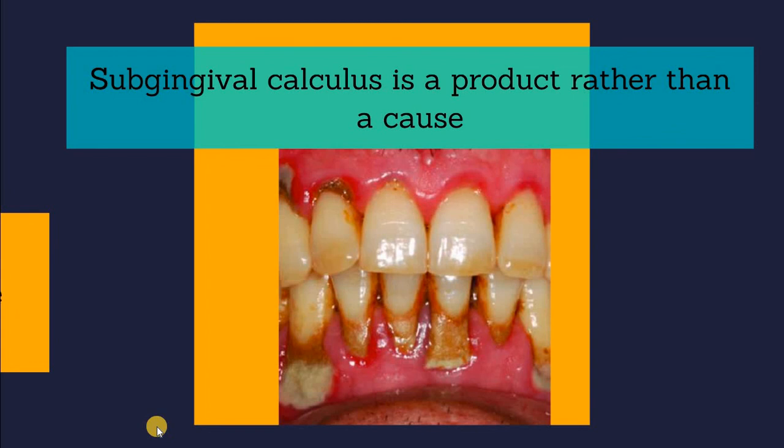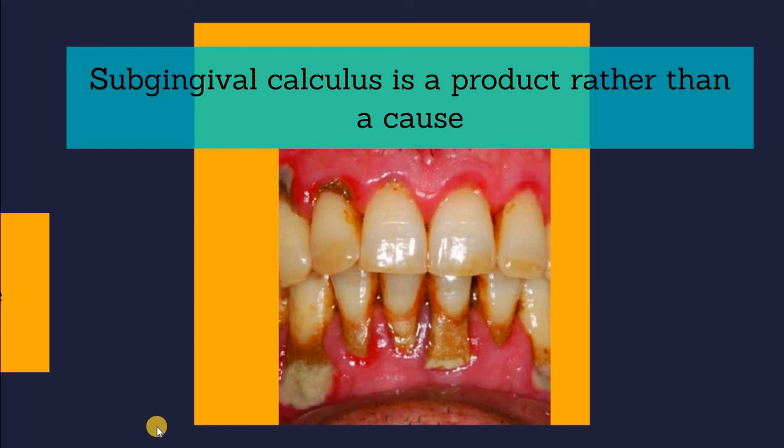Subgingival calculus is a product rather than a cause, because plaque initiates gingival inflammation, which leads to pocket formation, and the pocket in turn provides a shelter area for plaque and bacterial accumulation. The increased flow of gingival crevicular fluid associated with gingival inflammation provides the minerals and mineralizes the continually forming plaque, resulting in subgingival calculus formation.